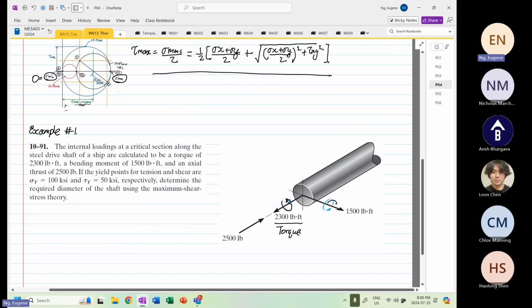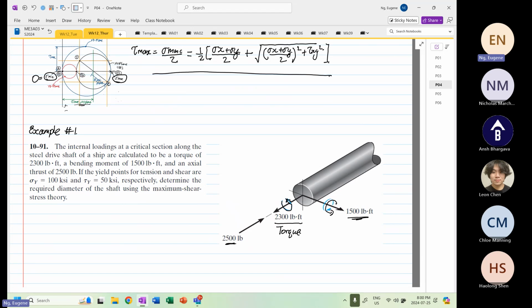This is our bending moment, 1,500. And then we are also given an axial load of 2,500. As you can see, this is a real 3D loading problem now. What is fortunate for us in this case is we don't need to work out the shear force or the point load to determine the torque, the bending moment, and the axial load; they are provided.